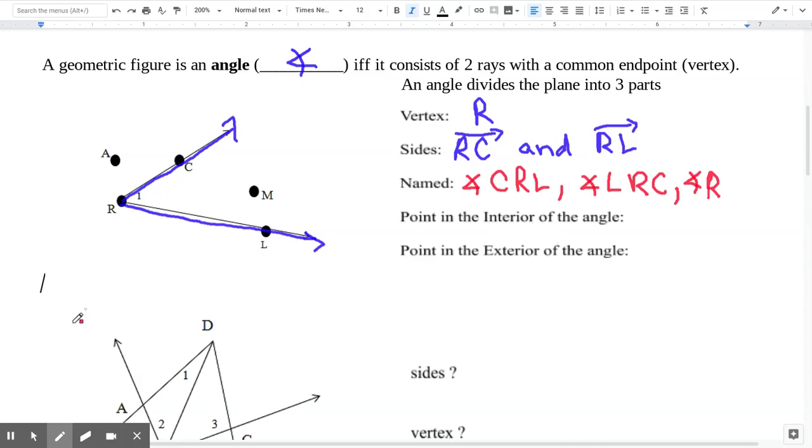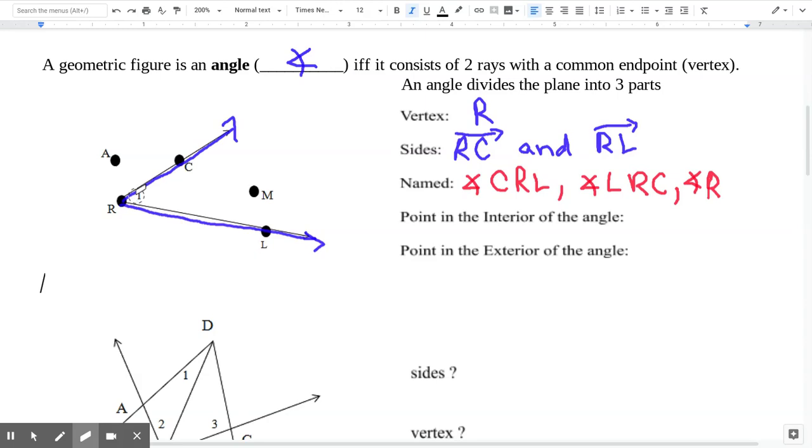And one last way is if you see a number written inside, this doesn't have anything to do with the size of the angle. It's just when we start having multiple angles we talk about, we can number them as 1, 2, 3, 4, 5, and so on. So one last way we can name this particular angle is by looking at that number in the corner and refer to it that way.